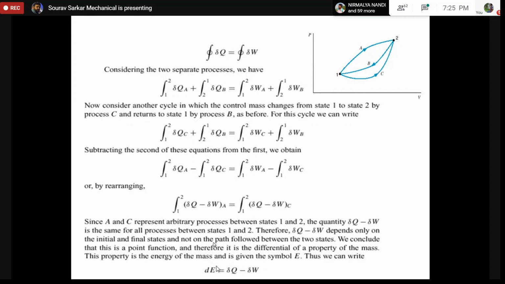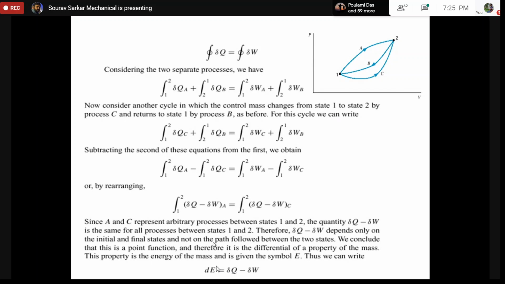So basically you have two path functions. If we subtract those two path functions, it will give you a point function. It doesn't happen in all cases, but in this case it is giving. So this difference is basically called the internal energy.